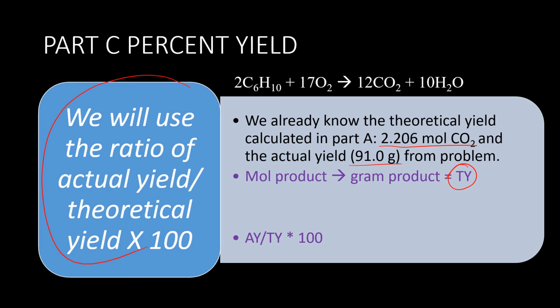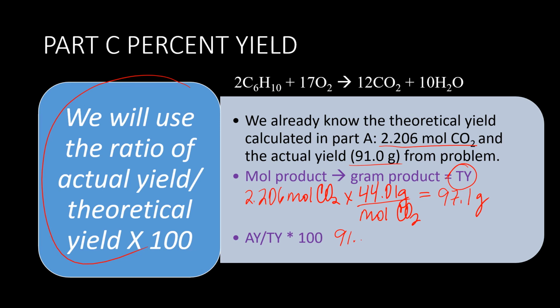This is if everything in the world is perfect, which it never is. So we're going to go from 2.206 mole CO2 times 44.01 gram per mole CO2, and that's going to give us a gram amount, which is actually 97.1 grams.